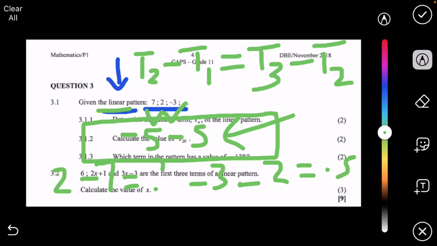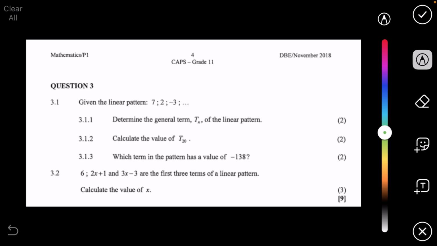This serves as a confirmation that indeed the given pattern is a linear pattern, and someone may say it's an arithmetic sequence. It's very important that you know what the first difference is.